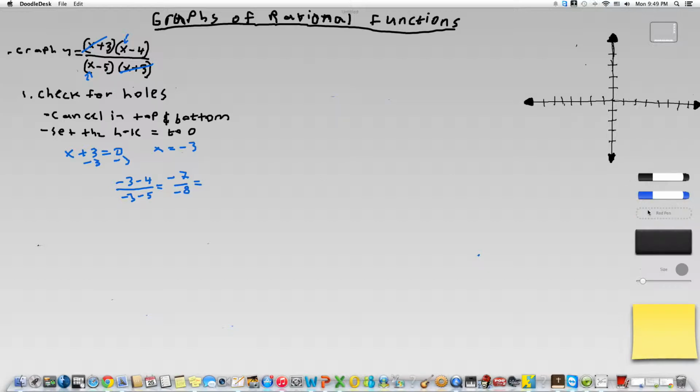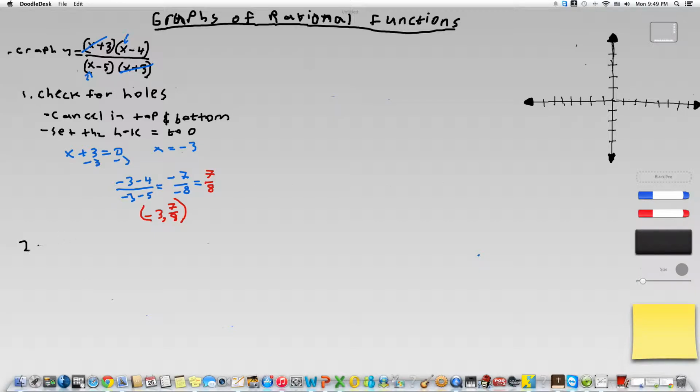And a negative divided by a negative is a positive. We're going to get 7 over 8. And 7 over 8 will be our y-coordinate, and for our x-coordinate, we have negative 3.